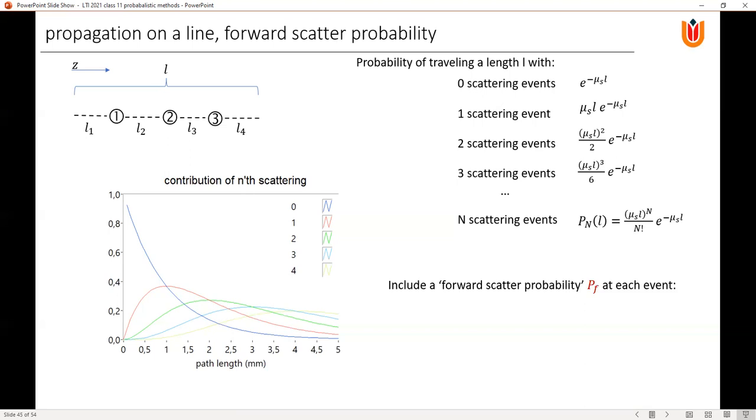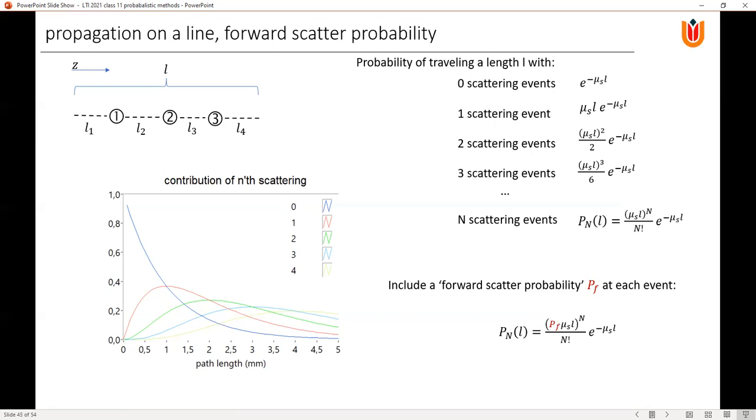That is going to be related to the phase function, to G. To keep it a little bit flexible, let's just assign a forward scatter probability factor PF. That would just mean that in the whole analysis, you would include at each scattering step this factor PF.